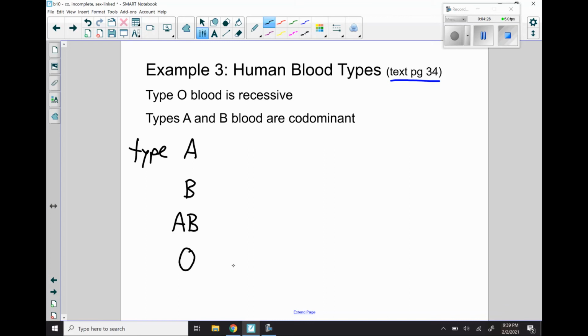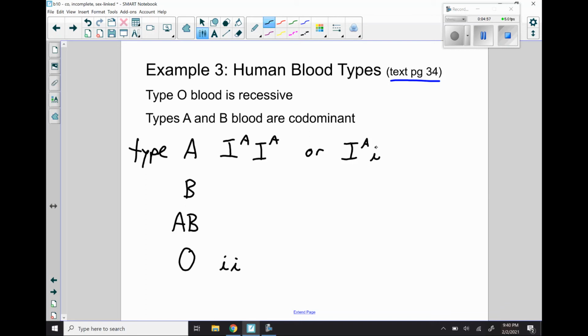So someone who's type O is recessive, and your book uses the letter I. So there's my lowercase i for the recessive trait. Their genotype must have 2 recessive alleles. Type A blood, I have 2 options because it is a dominant trait. I could either be homozygous dominant, or I could be heterozygous with the recessive trait.